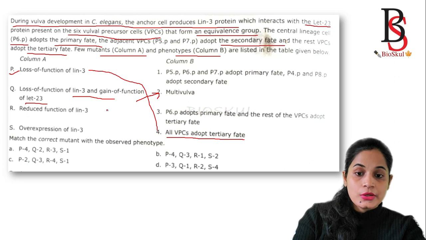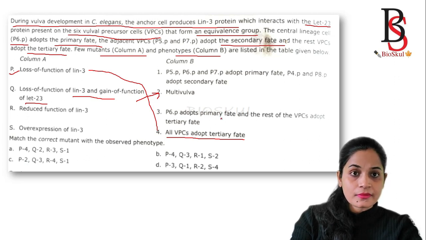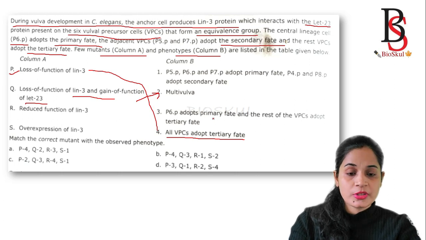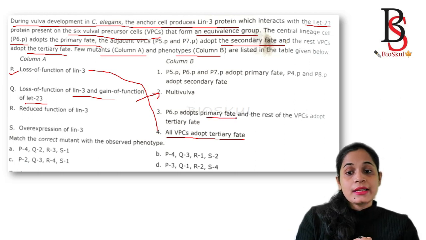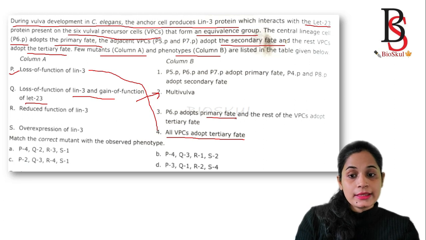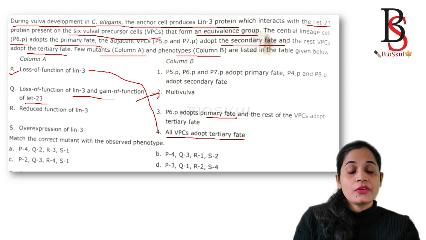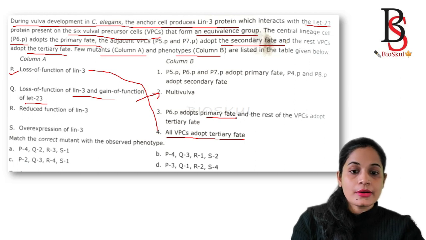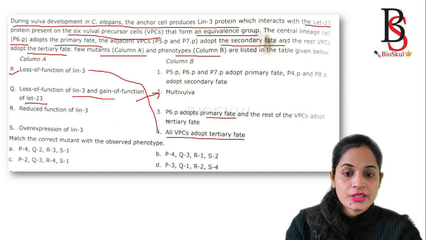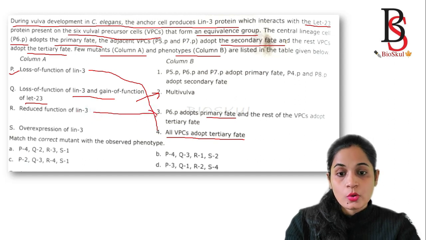If lin-3 is reduced, then P6 adopts the primary cell fate, because it is present in close proximity. If the function of lin-3 is reduced for the rest of the VPCs, there will be no formation of the secondary fate, that is the lateral vulva, and all will form the hypodermis, that is the tertiary fate. So R is option 3.